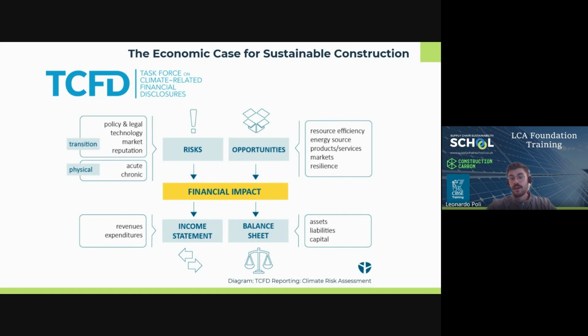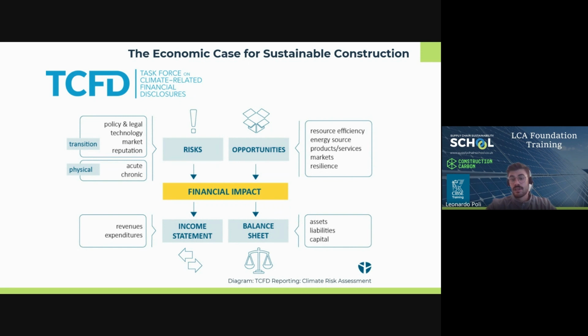To help identify the information needed by investors, lenders, and insurance underwriters to appropriately assess and price climate-related risk and opportunities, the FSB established an industry-led task force, the Task Force on Climate-Related Financial Disclosures, or TCFD.